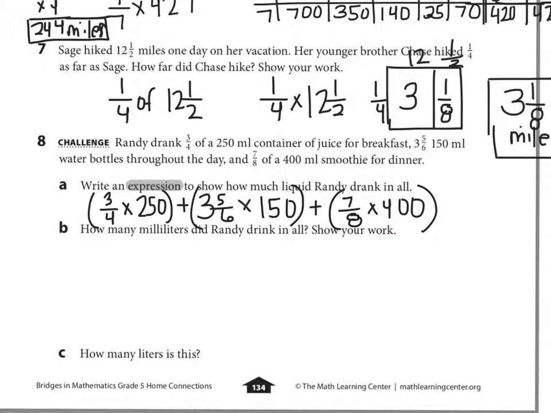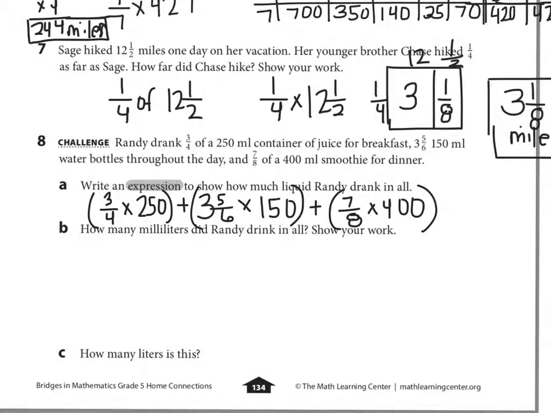So first I'm going to solve 3/4 of 250. I'm going to think 250 divided by 4 multiplied by 3. So 250 divided by 4. Well, I know that 200 divided by 4 is 50, and 50 divided by 4 is 12.5. And so I'm going to take 50 plus 12.5 is 62.5. 62.5 times 3.